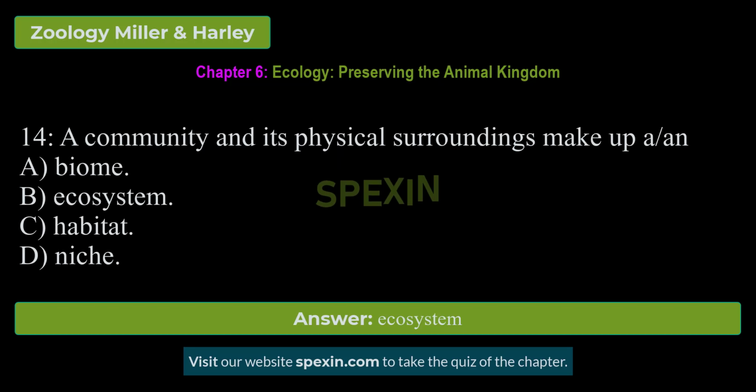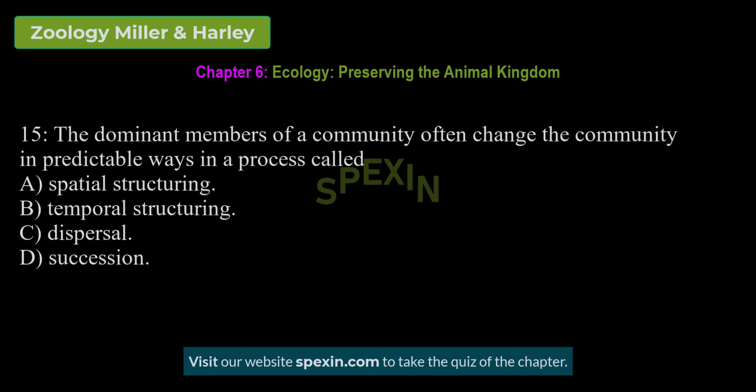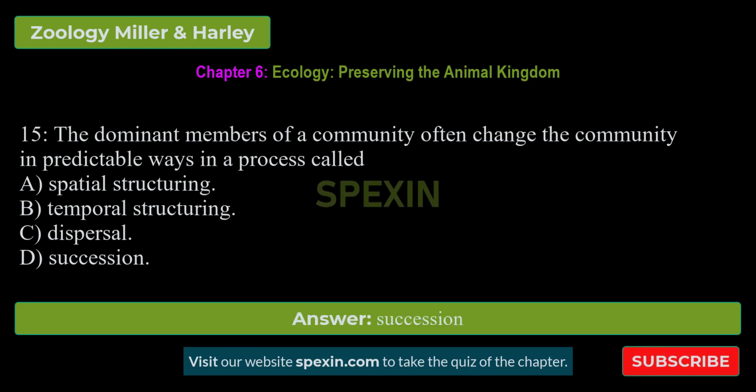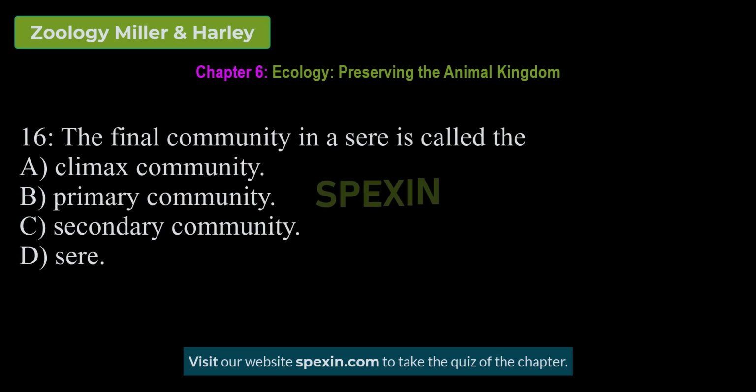Correct answer: ecosystem. The dominant members of a community often change the community in predictable ways in a process called spatial structuring, temporal structuring, dispersal, succession. Correct answer: succession.